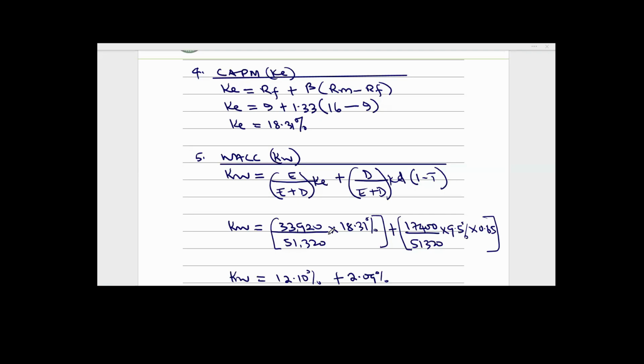Another point that you can use to explain this requirement is default risk. Default risk is the risk arising from the inability of a company to pay both the interest and the principal.